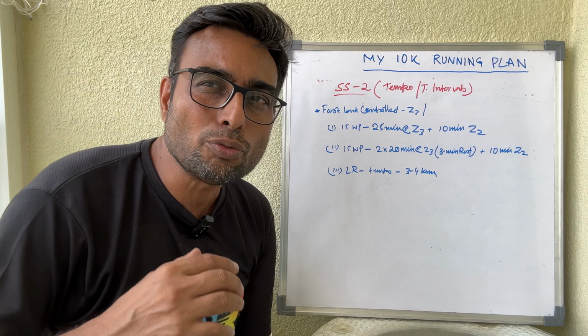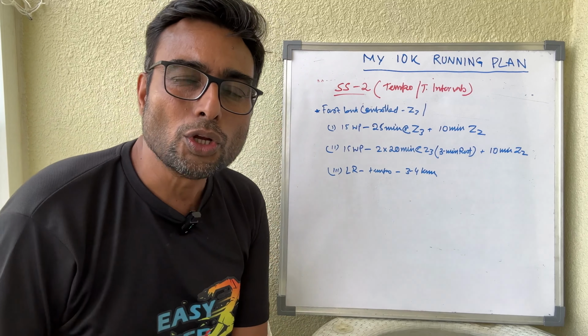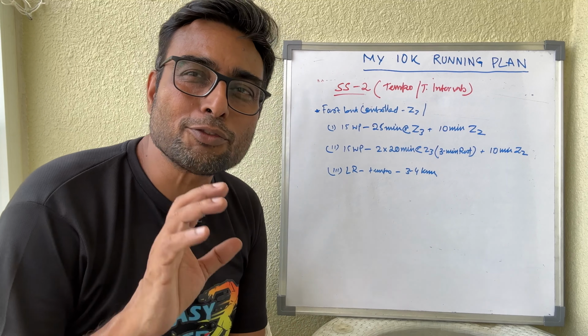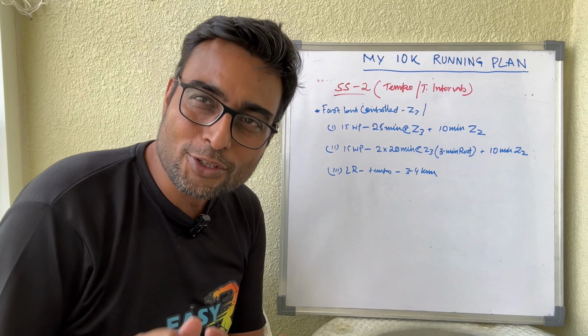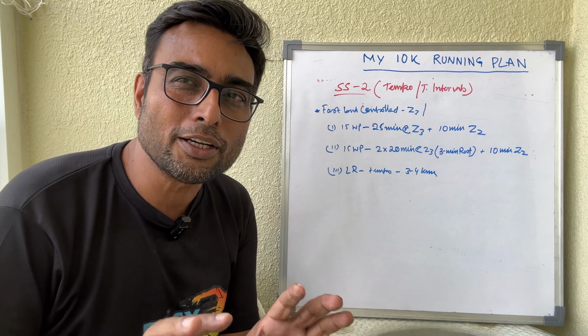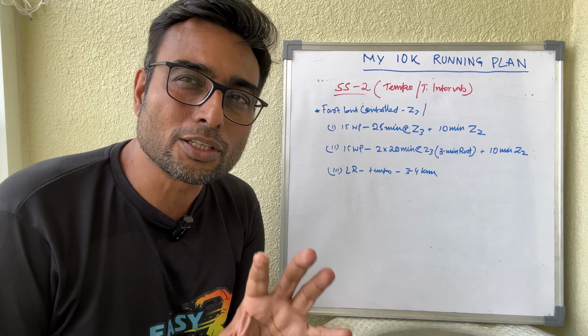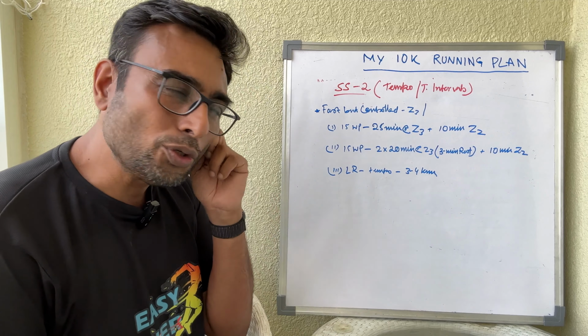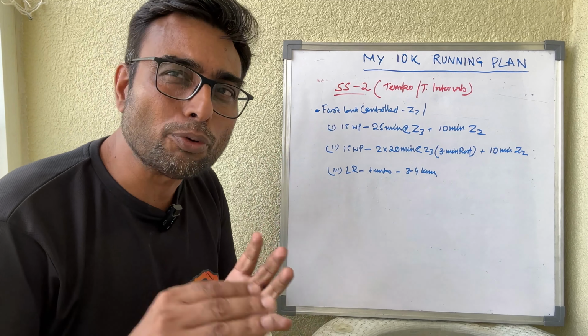That's how you expand your zones, and you become a stronger runner. So that becomes very important, and more specifically for a 10k, which is to be done at a faster pace, these speed intervals become very, very important.